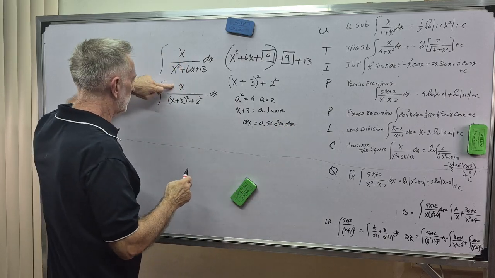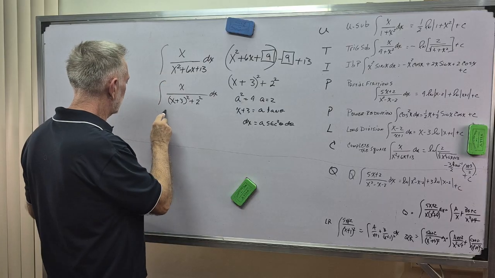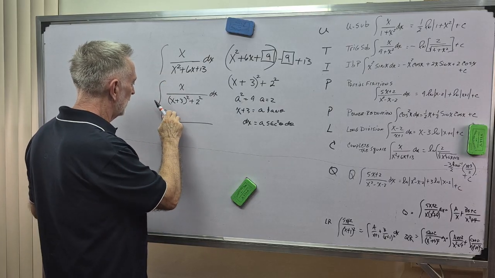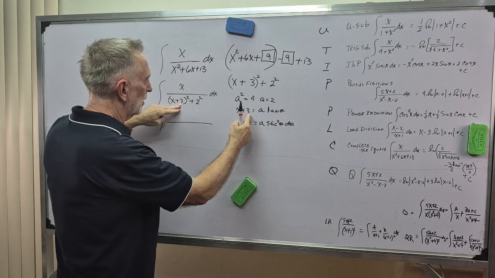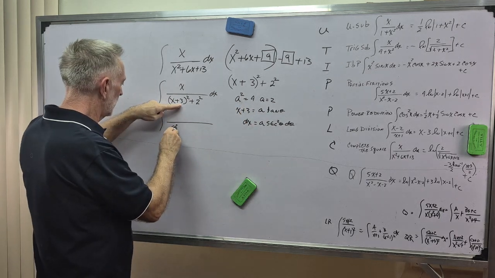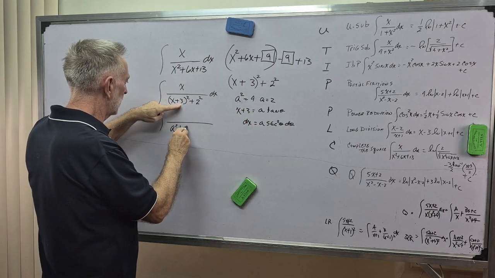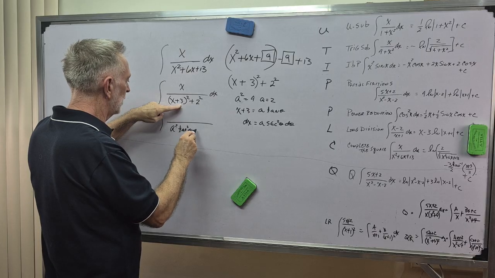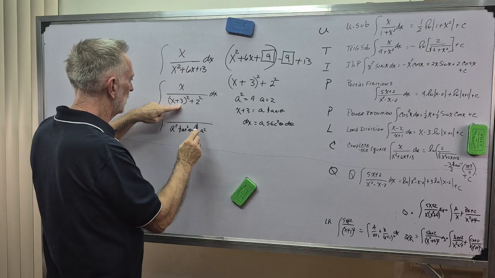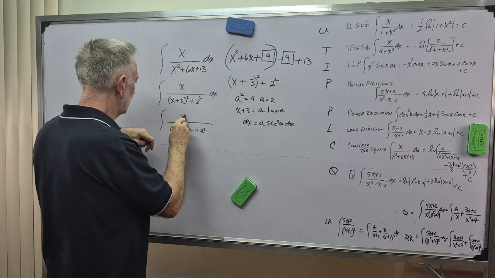Well, we have an x term up here. Well, let's keep going. You'll see what I mean. So x plus 3 squared, that's a squared tangent squared theta plus a squared. We have a dx, we still have that x.